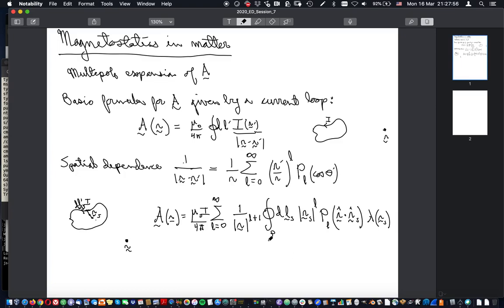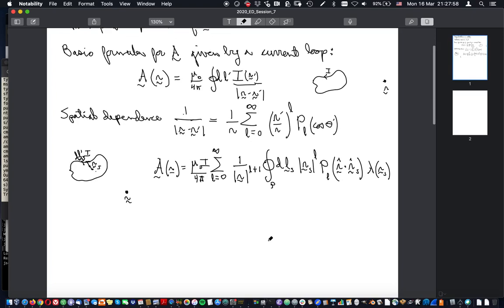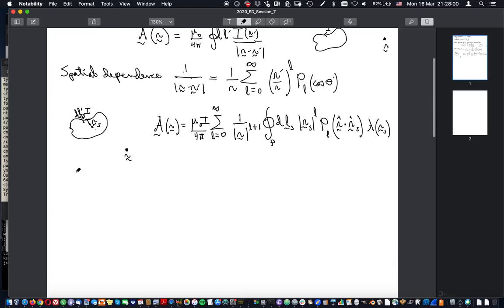Now, there are a few things to be said. So term by term, if we look at this, we get a similar expansion to what we had for the electrostatic potential. Let me just write the constants first, mu 0 I over 4 pi. And now we will just write the first few terms here.